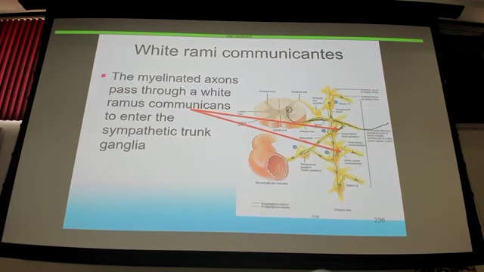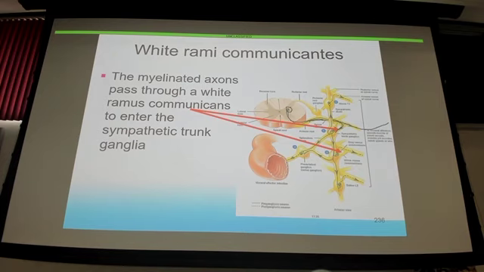Remember, we have rami communicantes, which is a funny word, but you have a white ramus. Why do you think we call it the white ramus? Yeah, exactly. Thank you. It's myelinated. All right, so that's how it got off of that spinal nerve and went into an area called the sympathetic trunk.